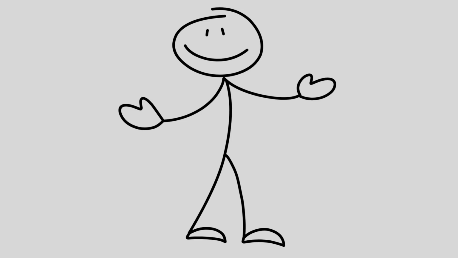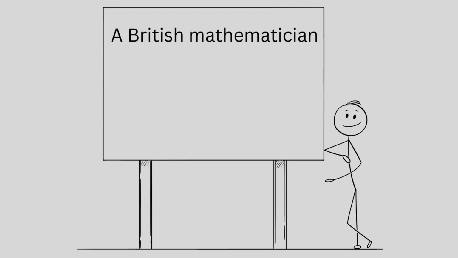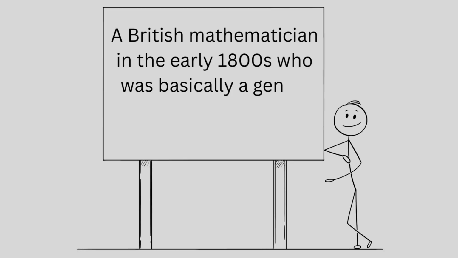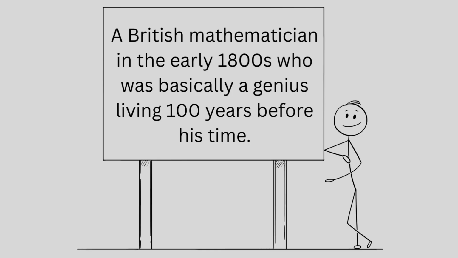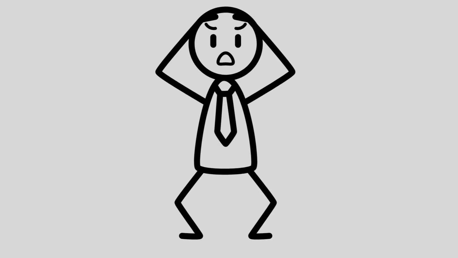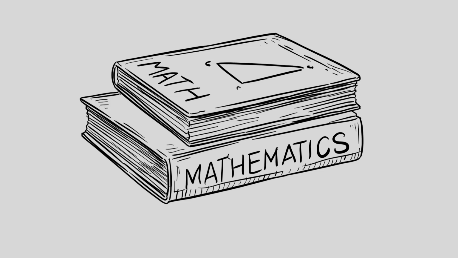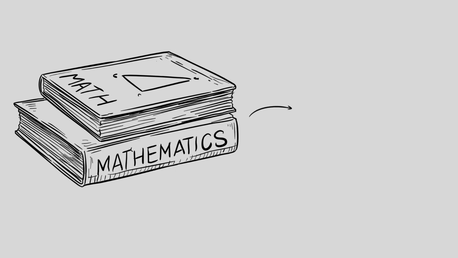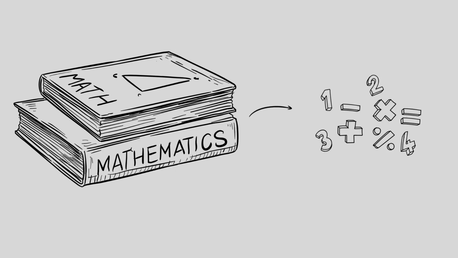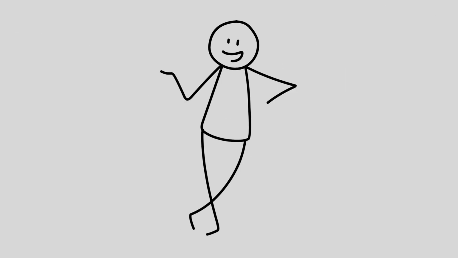Enter Charles Babbage, a British mathematician in the early 1800s who was basically a genius living 100 years before his time. Babbage was fed up with calculation errors. See, back then there were these books called mathematical tables, basically printed lists of calculations that scientists, engineers, and navigators used.